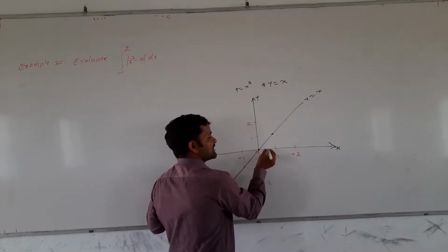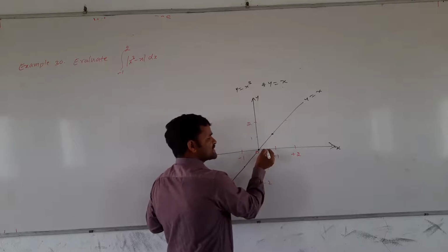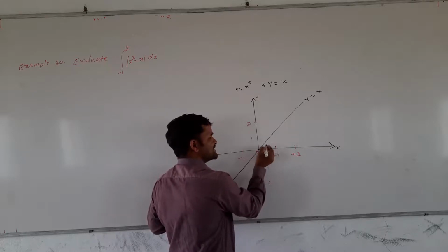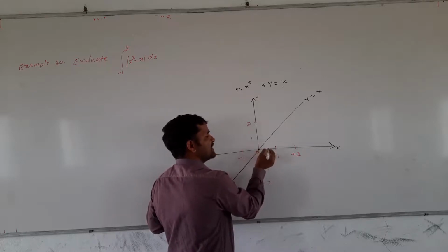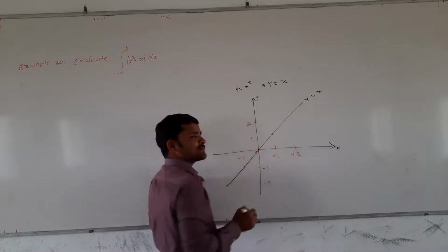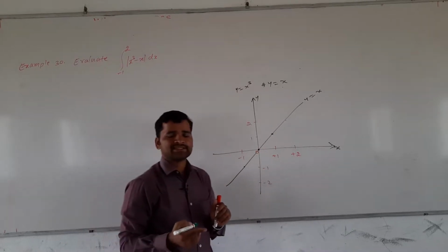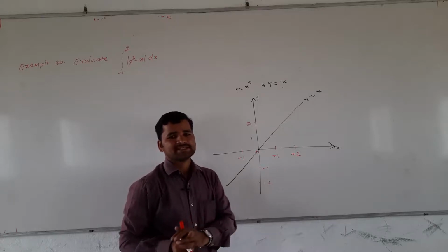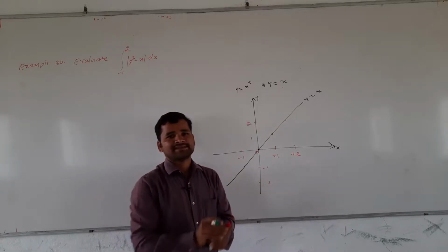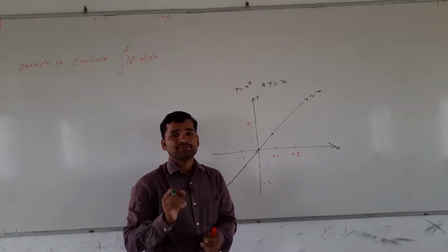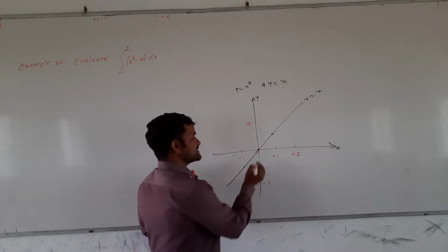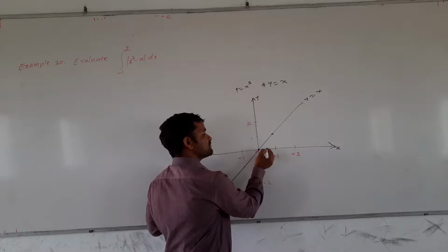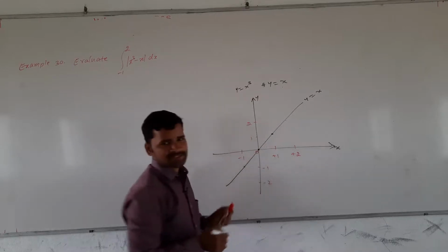You can consider x is equal to 0.5 also. When x is equal to 0.5, y is equal to 0.5 to the power of 3, which is 5 into 5 into 5, that is 125, with 3 decimal points, so 0.125. When x is equal to 0.5, the y value is 0.125, somewhere here it comes.